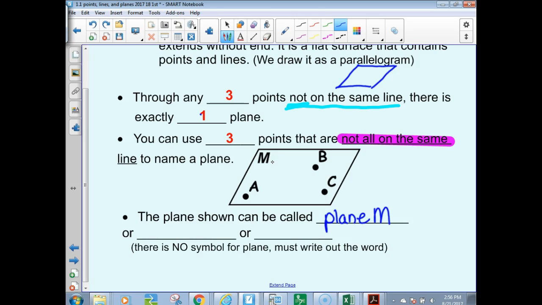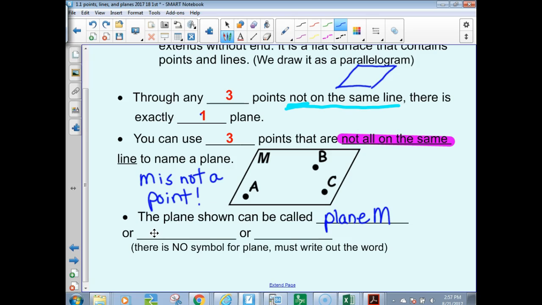Notice there's no dot next to M. It's not a point. It is simply a letter that is used to name the plane. M is not a point. A, B, and C are points. They have the dot by them.